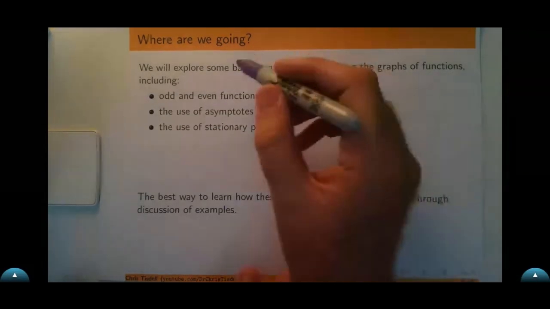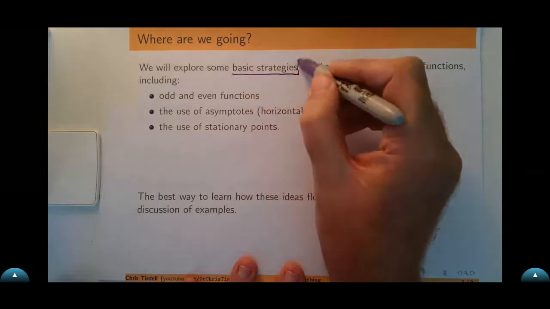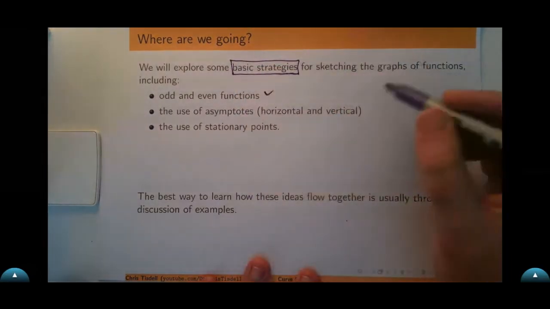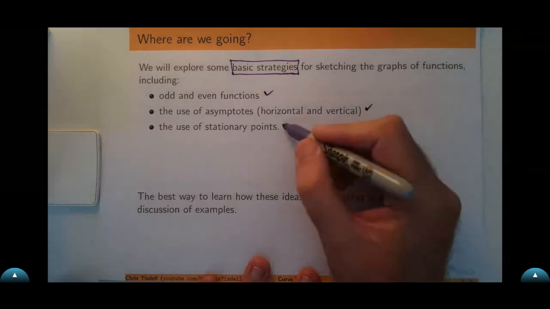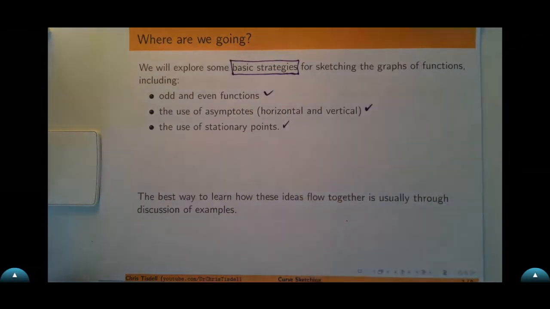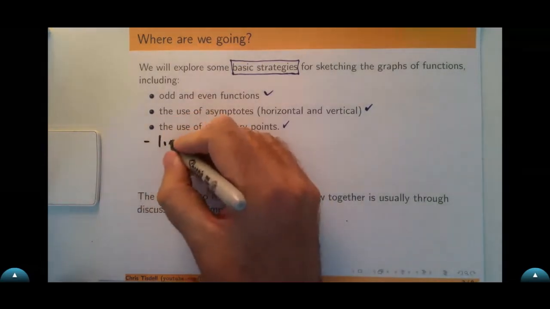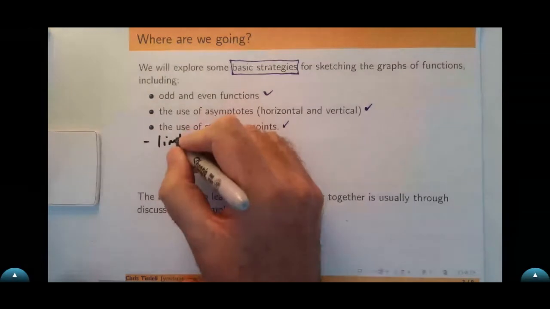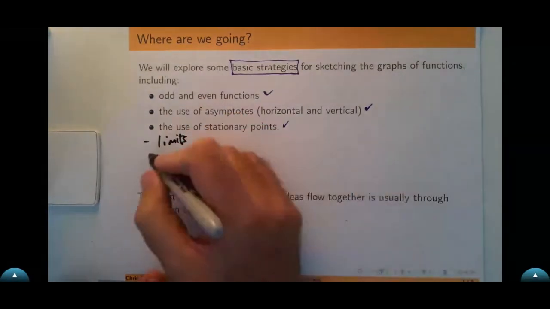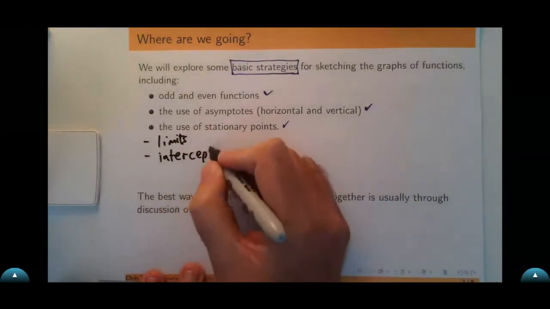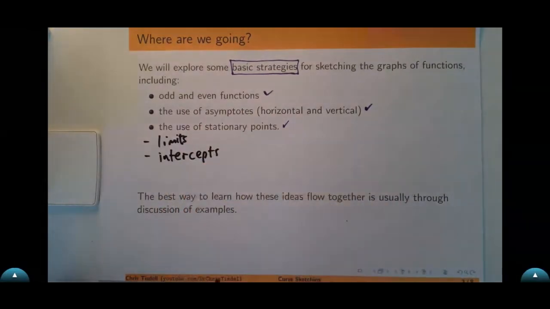So, basic strategies. These are some of the things we're going to use: odd and even functions, asymptotes, stationary points. We're also going to use limits, and things like intercepts. So where does the graph cut the x-axis and the y-axis and stuff like this?